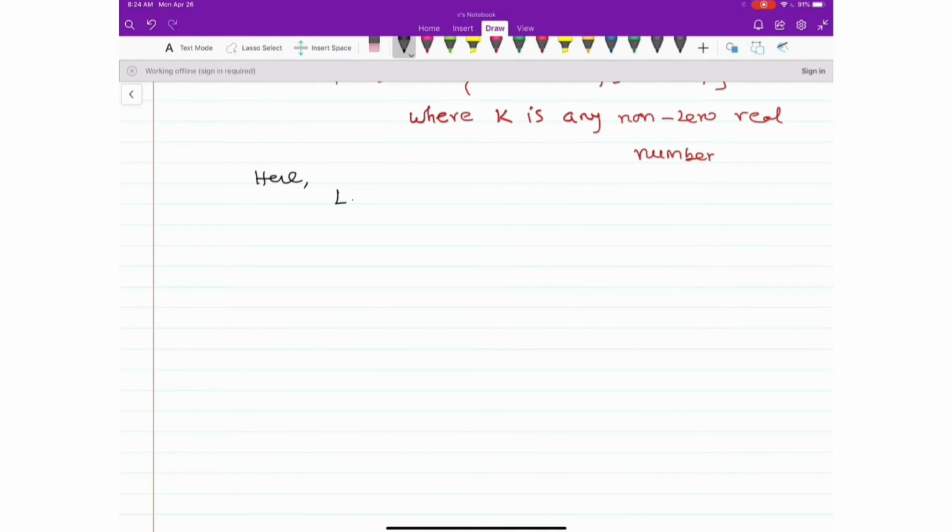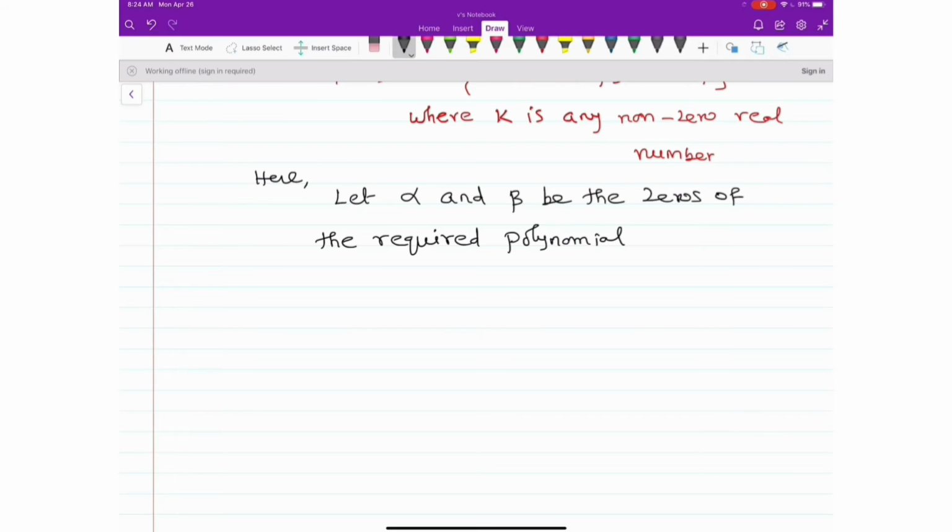Let alpha and beta be the zeros of the required polynomial. That is, you have to find out the quadratic polynomial. Then what is given here? We can take alpha is equal to 2 by 3 and beta is equal to minus 1 by 4. Okay.